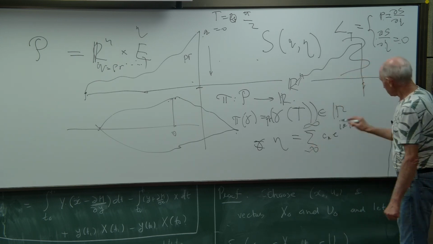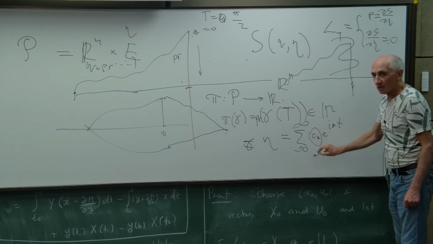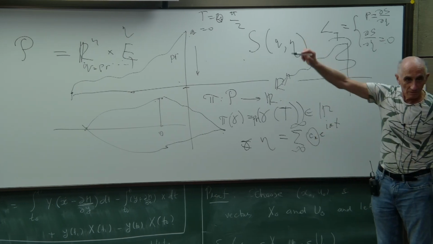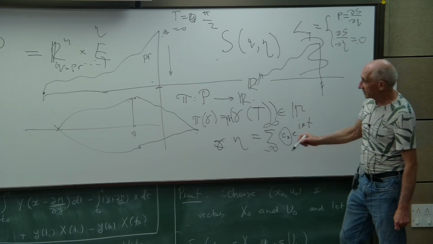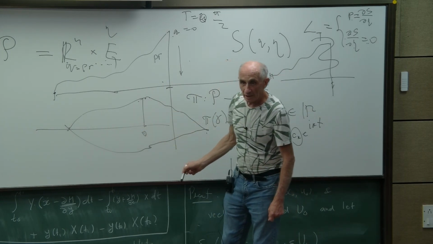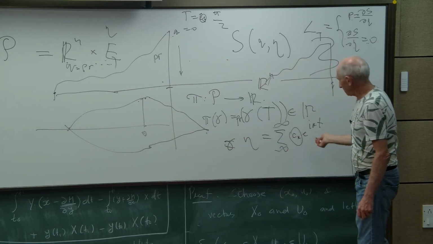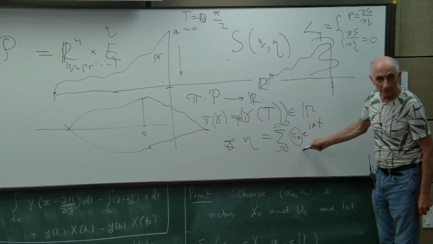So every such loop is given this way, and these c_k are coordinates in this space. But this is not all loops, because these are symmetric loops. You can immediately check what this means for the c_k, which are complex numbers.